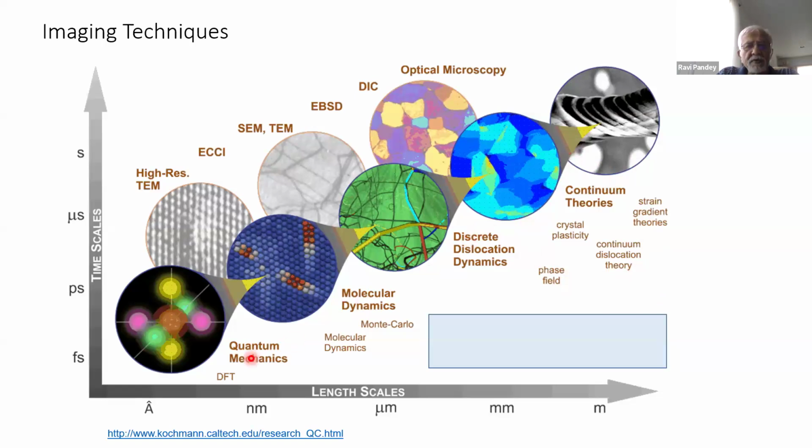But as we go down towards the nanometer length scale and the femtosecond, picosecond time range, we have the high resolution TEM or SEM, but also we have the tools of quantum mechanics or molecular dynamics. So these are based on DFT.